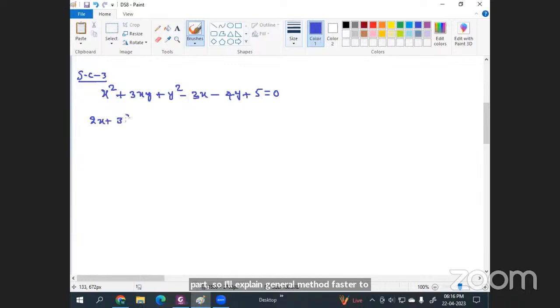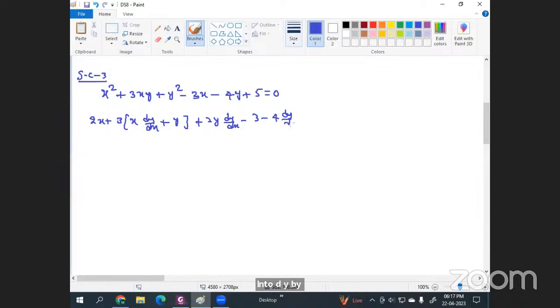2x, 3 into x into dy by dx plus y into derivative of x is 1, plus 2y into dy by dx minus 3 minus 4 into dy by dx equal to 0. Right? Now take dy by dx common.